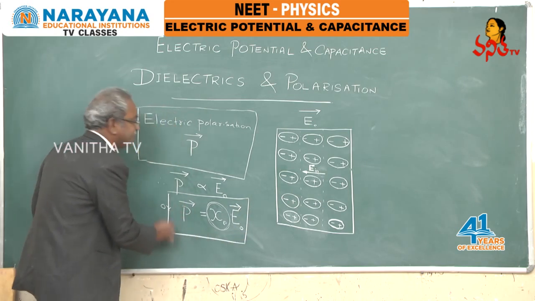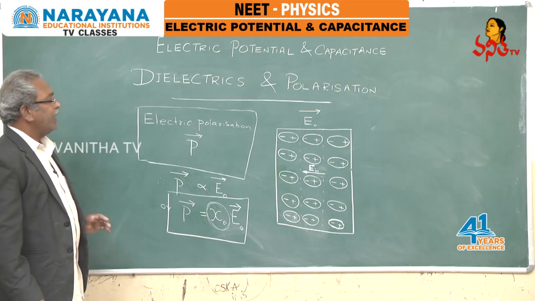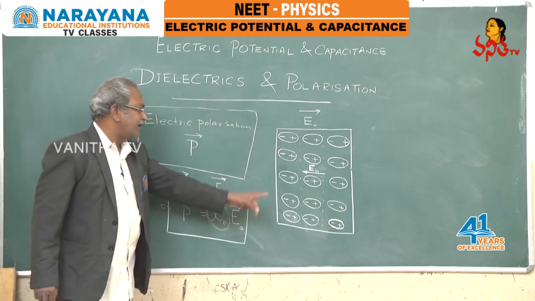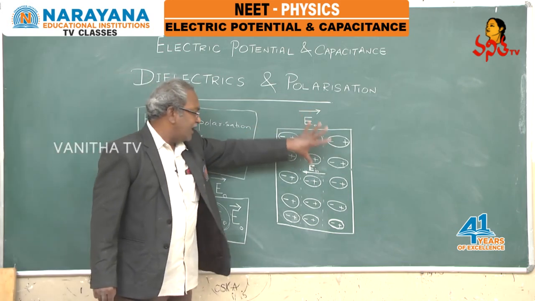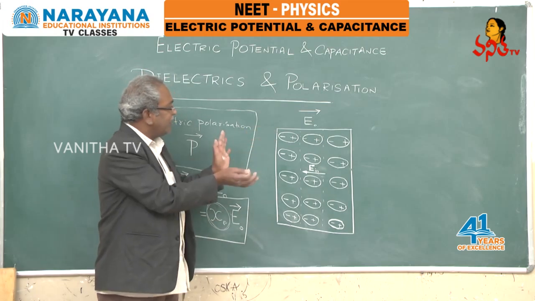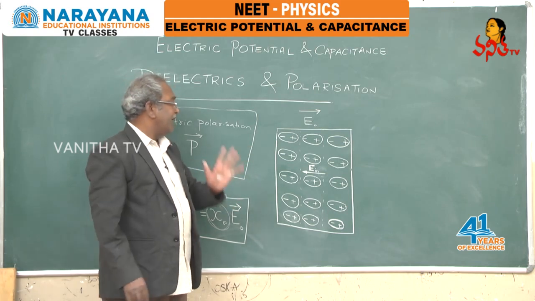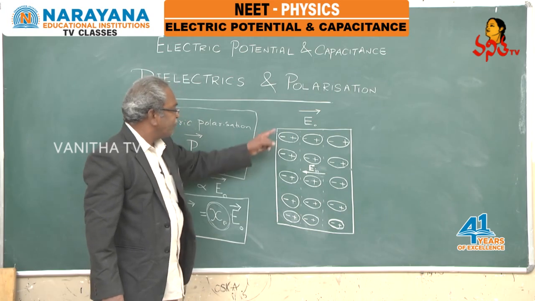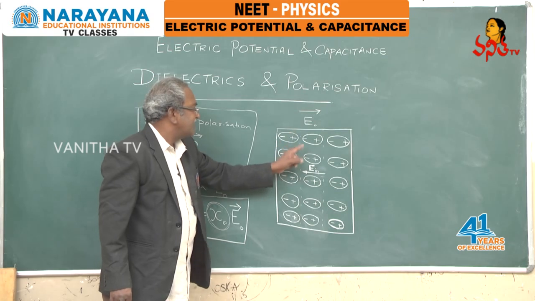Now, if a linear isotropic dielectric medium is placed in an external electric field, what will happen? Let us see. All the electric dipoles will turn into the direction of the external field in such a way that the charges in between cancel off.